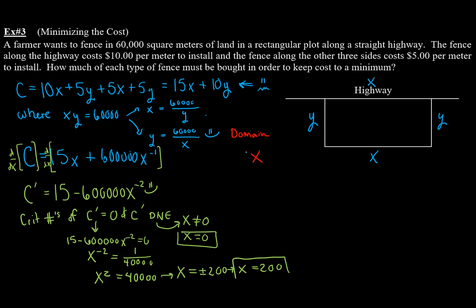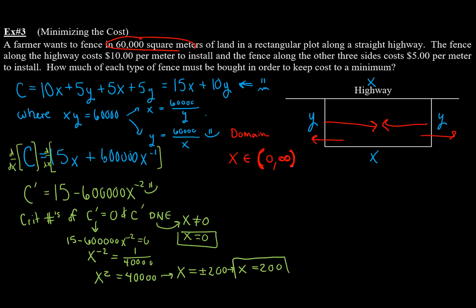So my domain so far, I'll write it in interval notation, is from 0 to infinity. Because the skinniest this thing can be is x equals 0. But that won't give me an area of 60,000 square meters. So that's why the 0 is not included. And then the widest it can be, of course, is infinitely many wide. So this is not a really restricted domain.